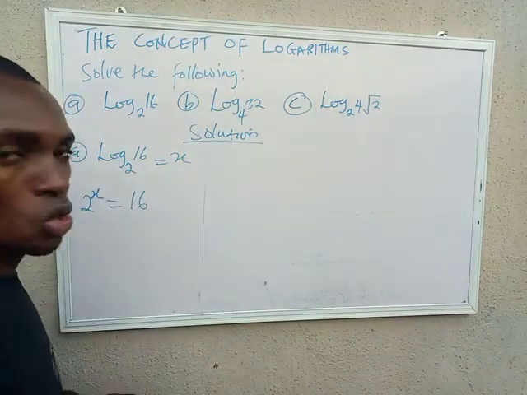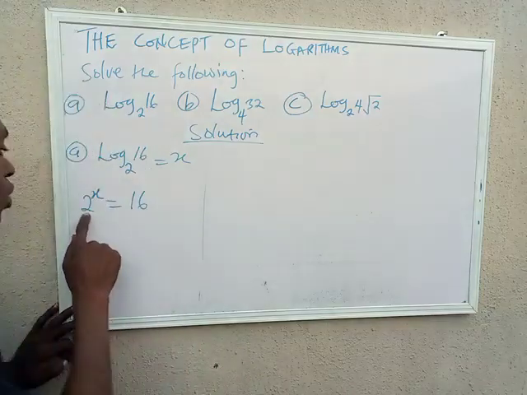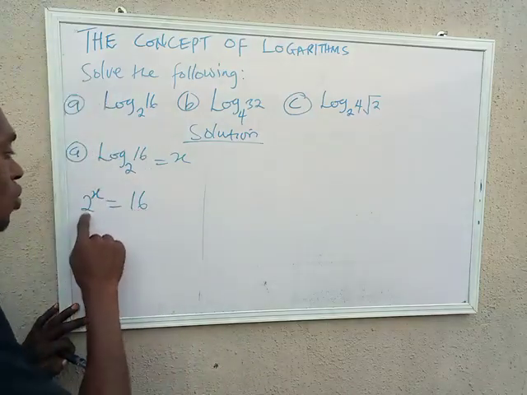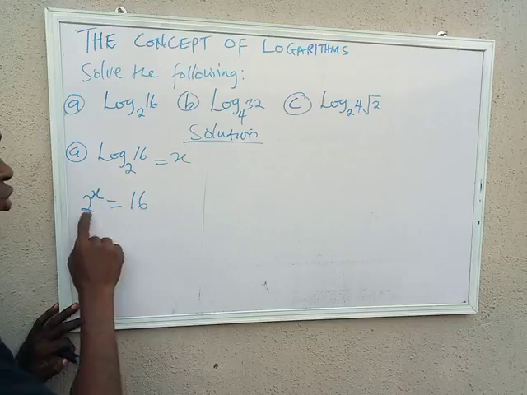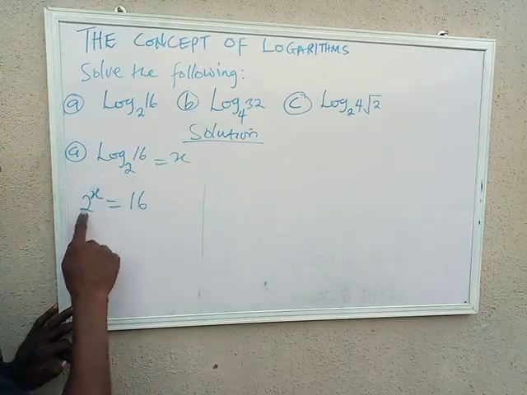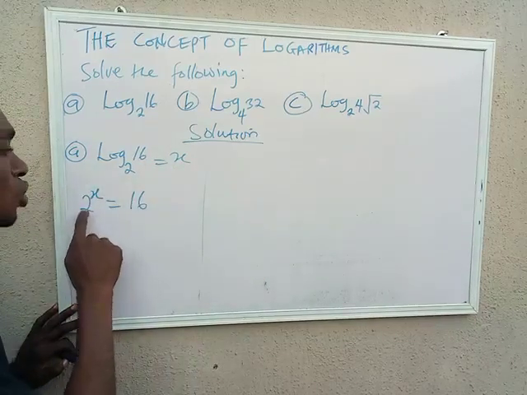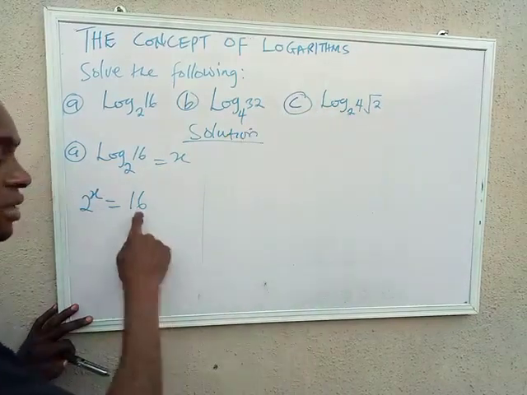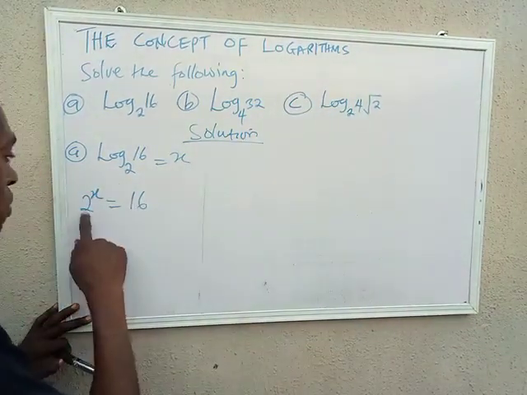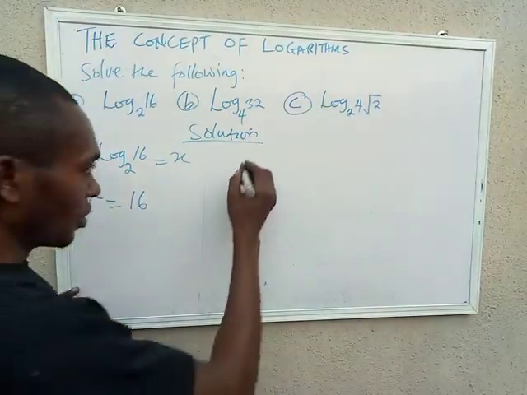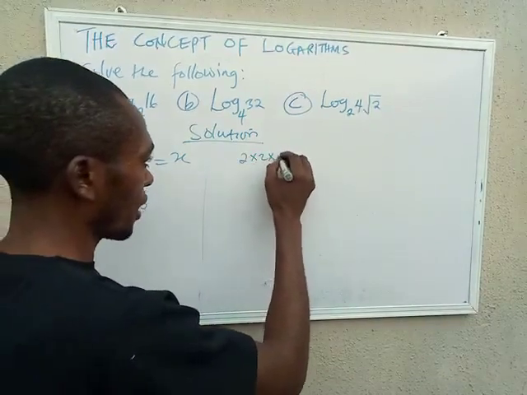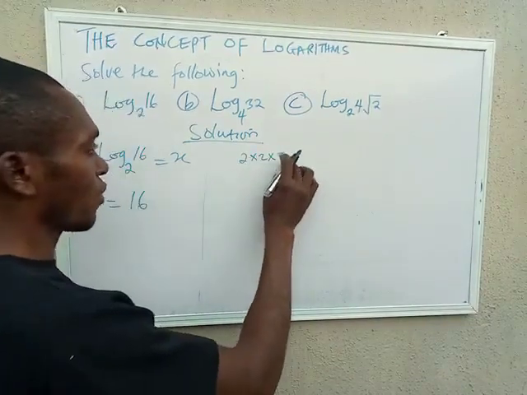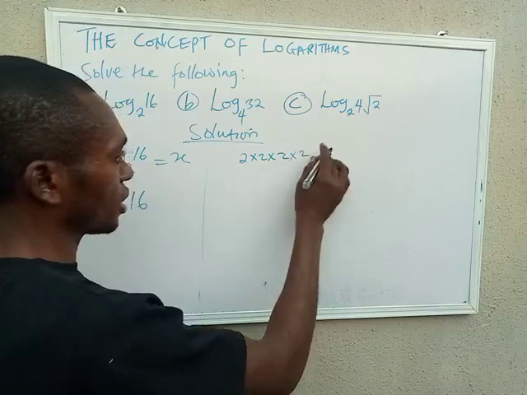Now the next thing you will do is change this 16 to base 2, meaning how many times will you multiply 2 to get 16? Let's try it. 2 times 2 is 4, 4 times 2 is 8, 8 times 2 is 16.